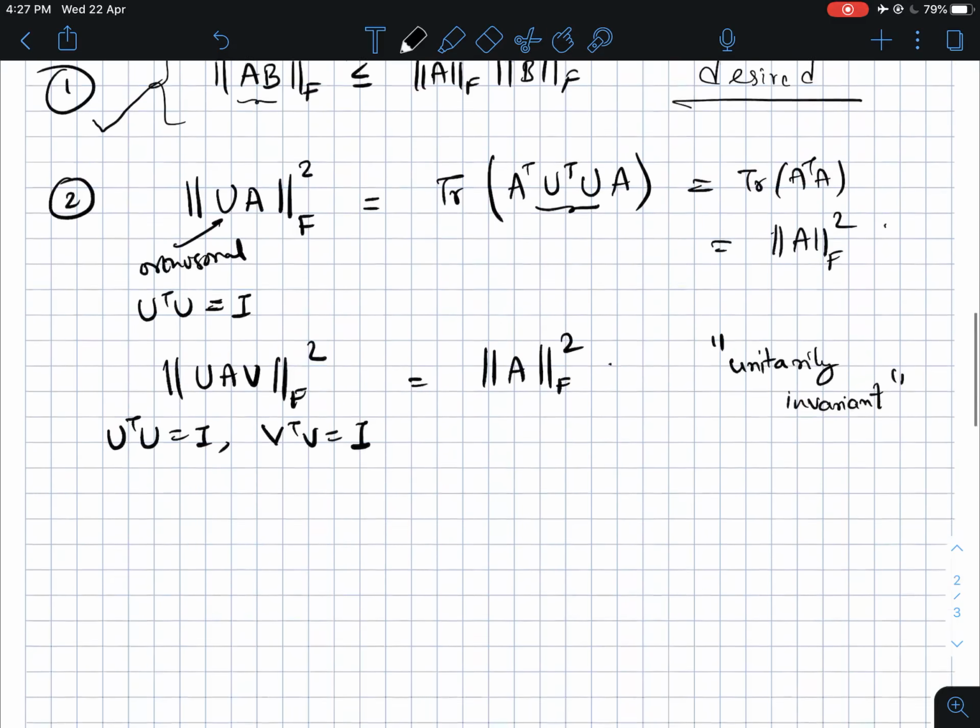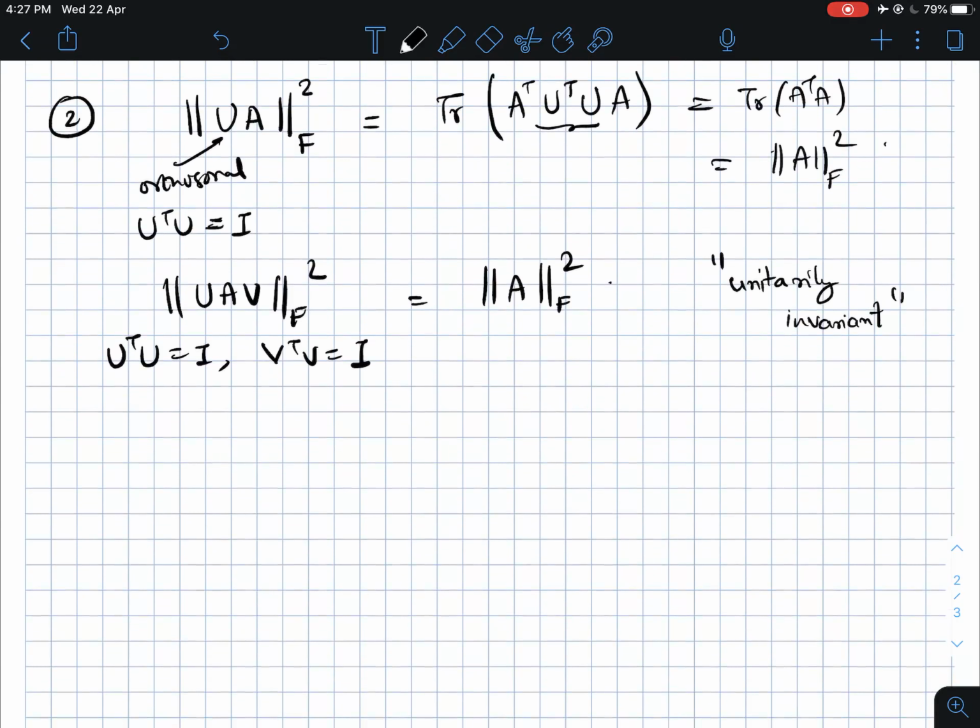We are dealing with only real valued matrices in this course, but there is a natural extension possible when you allow your matrix to take complex entries. So unitarily invariant essentially means that pre-multiplying or post-multiplying with a unitary matrix does not change the norm.